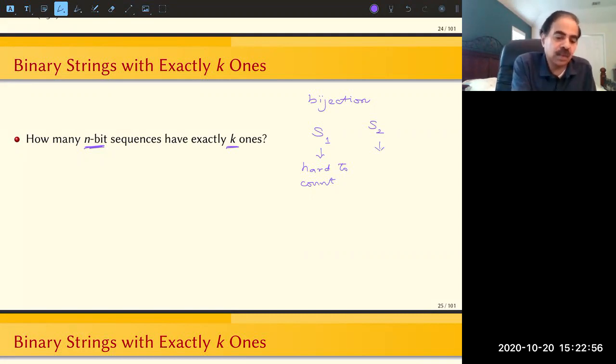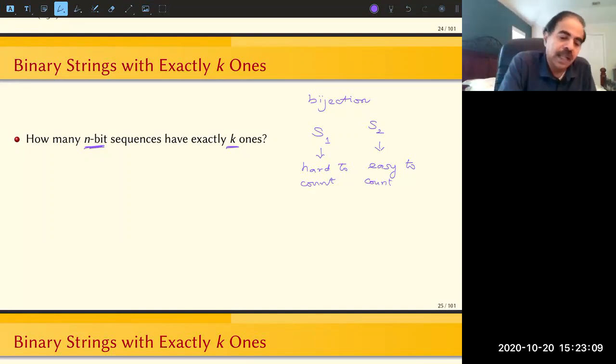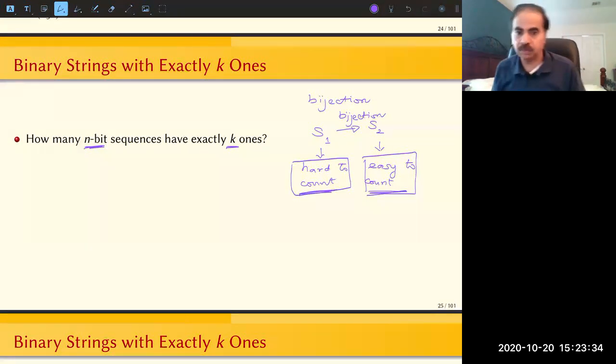So what we will try to do is to define another set S2 that is somehow easy to count. And then, of course, we can go ahead and do the counting here. But obviously, we need to make sure that the count that we make here exactly matches the count that we have here. And the basis of that is going to be showing that there exists a bijection from S1 to S2, right?